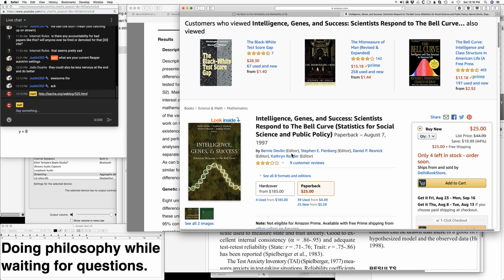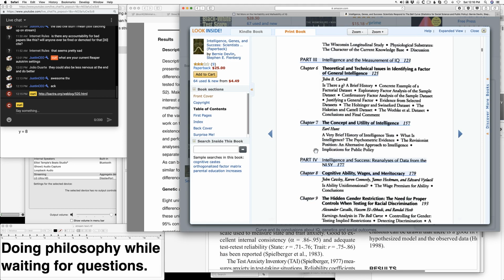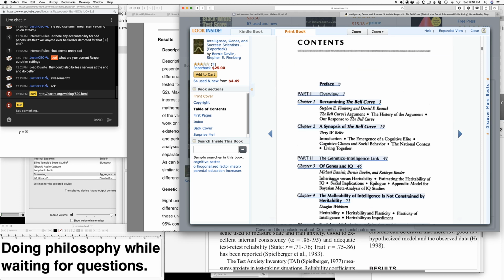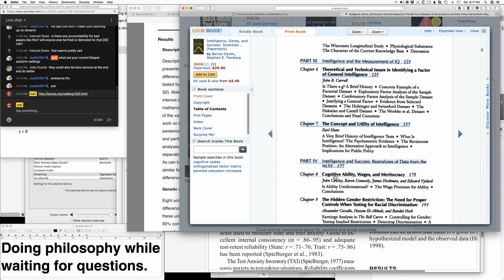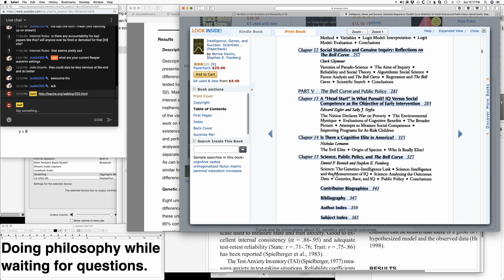There's 4 editors mentioned, but if we look inside the table of contents, then we have a bunch of different people. And it is Cosma Shalizi who wrote that particular article.